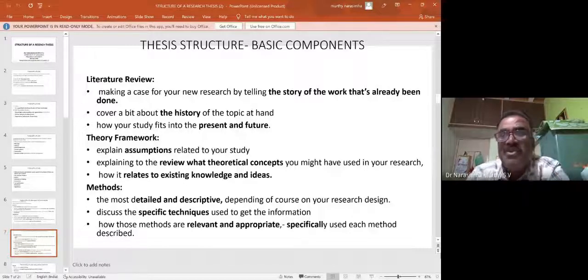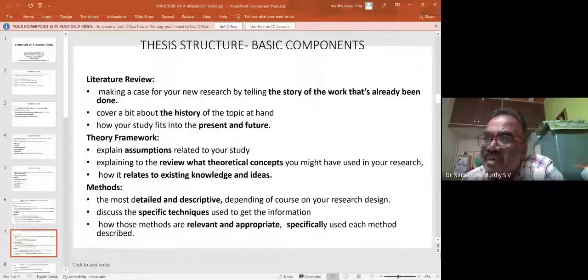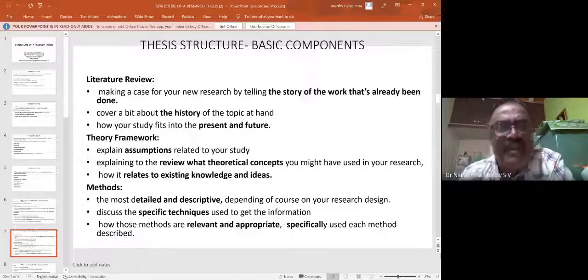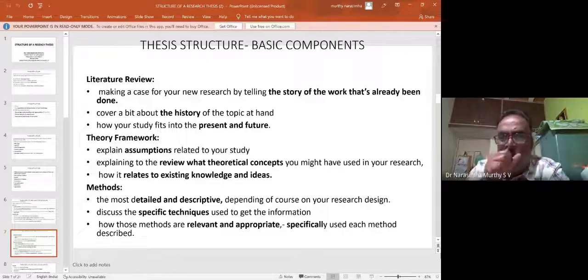The only thing is you should do your literature review properly. If the literature review is perfect, then you can be very sure of your doctoral degree award.